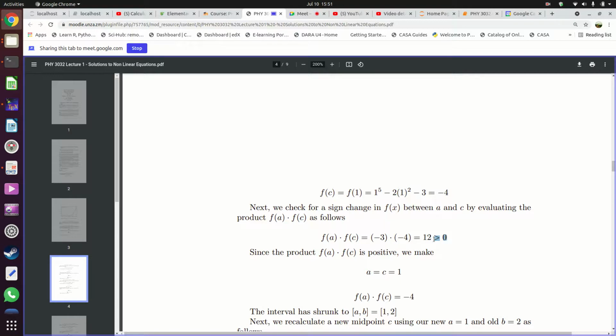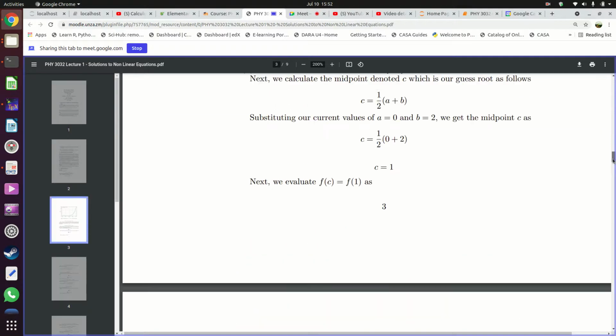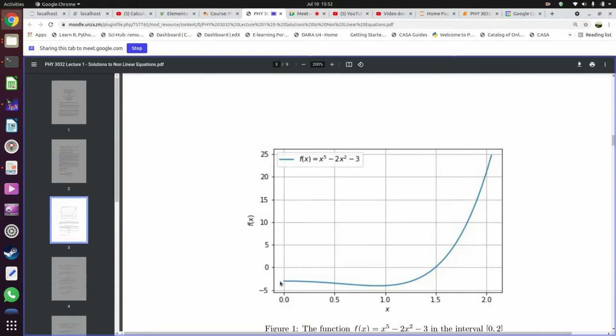Since the product f of a times f of c is positive, this means that there is no answer between a and c. Are we clear? Yes. Between a and c, a is 0 and c is 1, there is no answer.